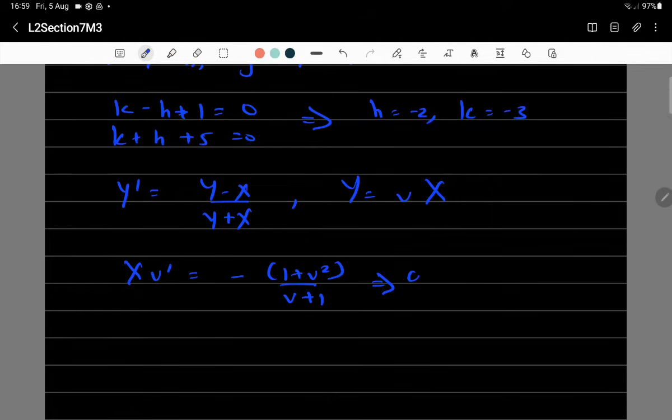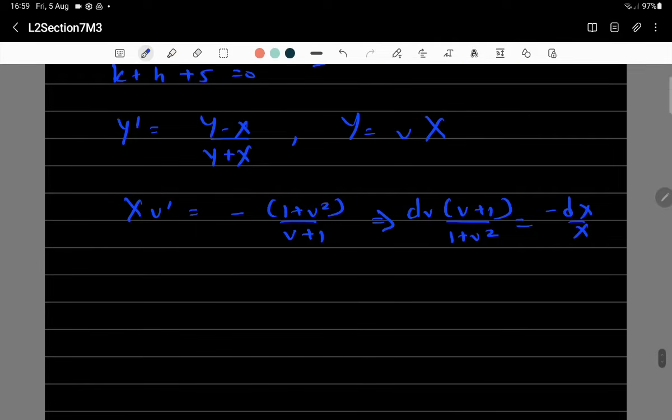Using variable separable, we have (v plus 1) dv by (1 plus v square) is equal to minus dx by x. We have done this integration many times. So tan inverse v plus 1 by 2 log (1 plus v square) is equal to minus log x plus log c. Substituting the required values, we will have the required answer.